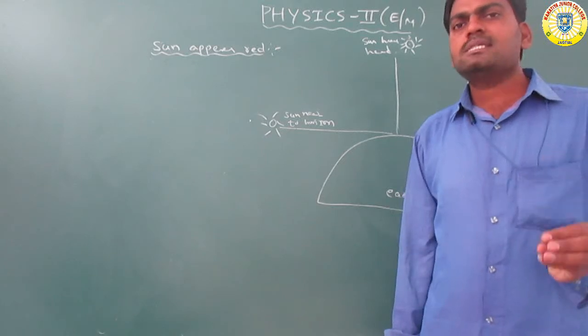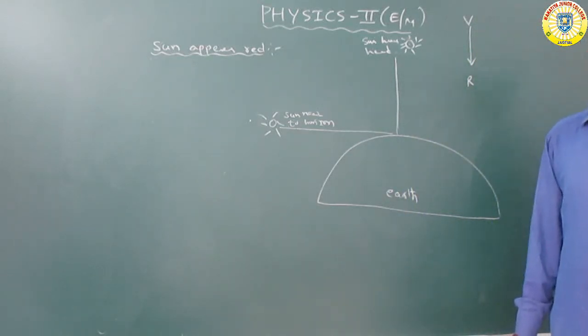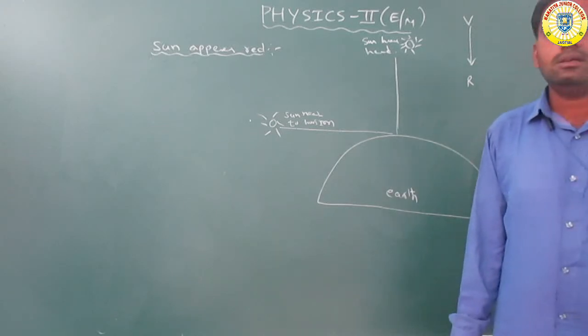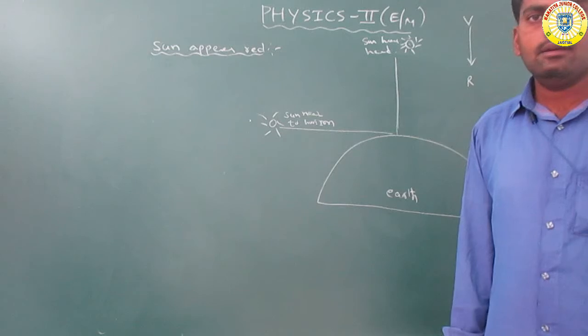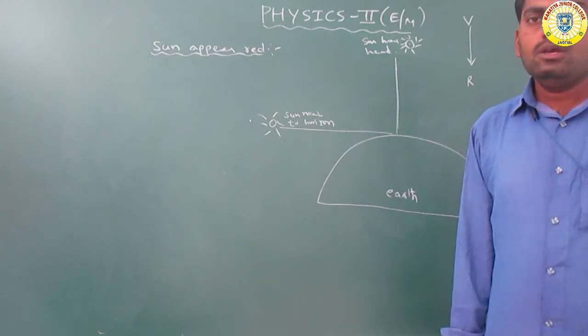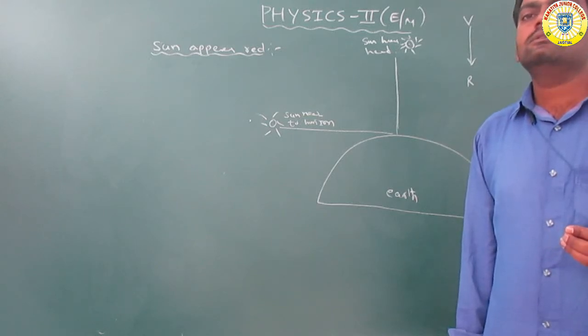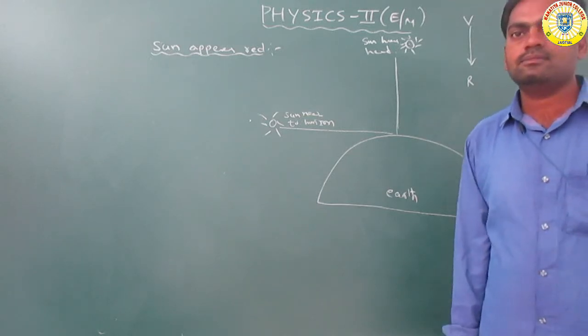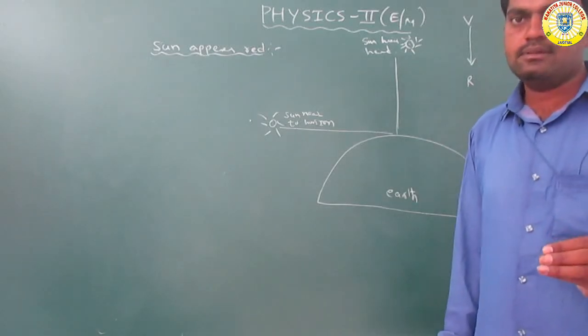The atmosphere consists of a number of water molecules, dust particles, vapors and smoke particles. So the sunlight is scattered as it travels through the atmosphere.